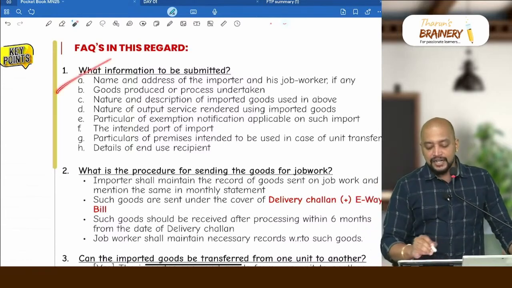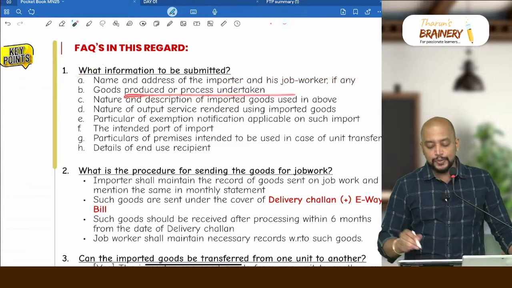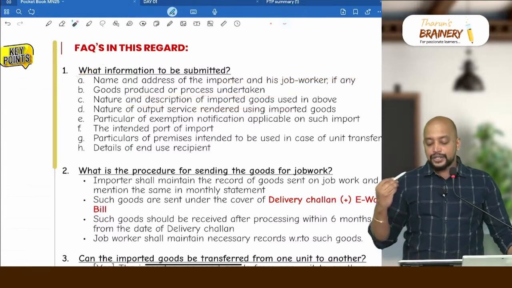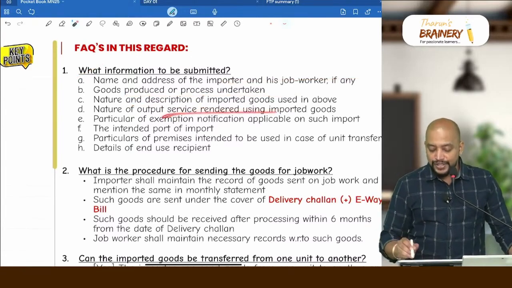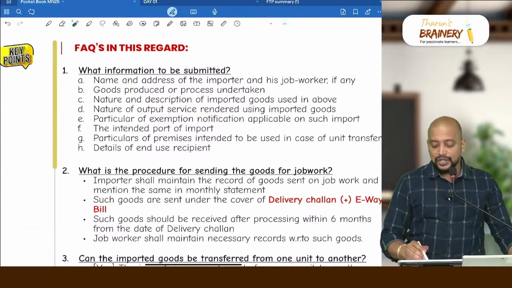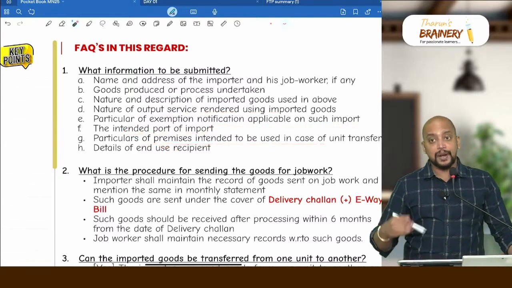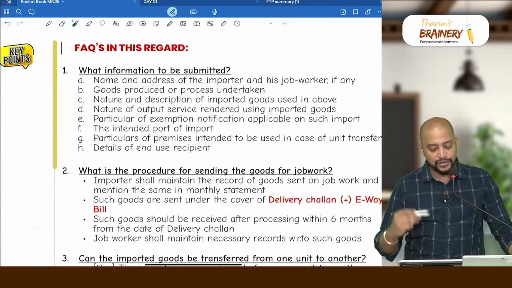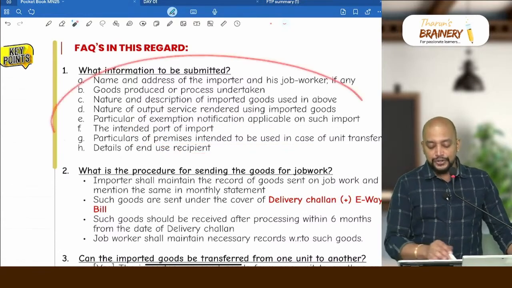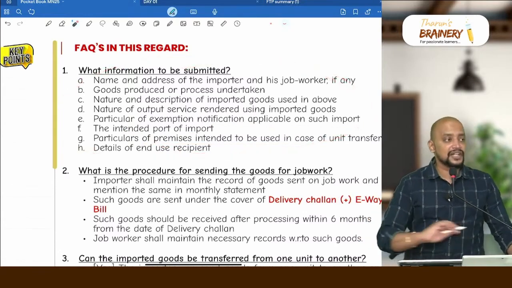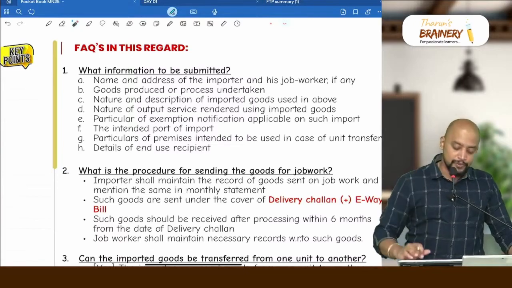That is name and address of the importer and his job worker, goods produced or manufactured, nature and description of imported goods, output service, and under which exemption notification I am eligible, the intended port of import, particulars of premises where they are going to do manufacture or transfer, and details of end use recipient. This is one FAQ which definitely will not come in exam, so you don't have to bother.